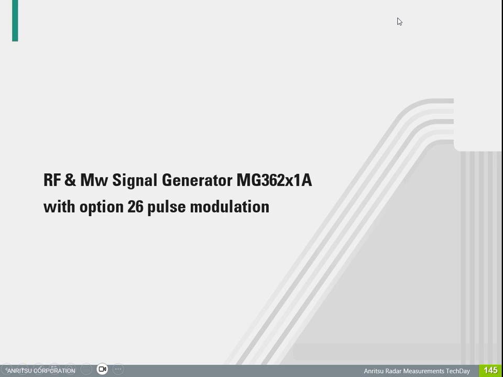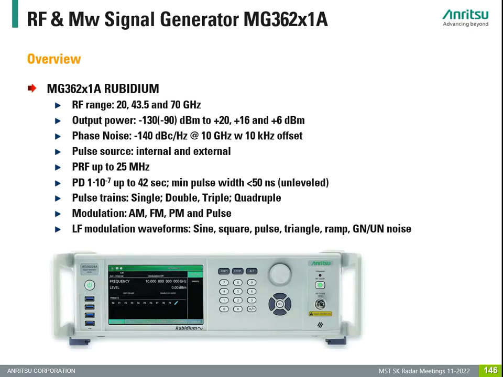RF microwave signal generator MG362X1A with pulse modulation. Signal purity determines quality of measurements in several applications such as radar, transceiver, ADC, DAC, and components testing. The MG362X1A offers atomic clock frequency stability with an internal rubidium frequency reference option.